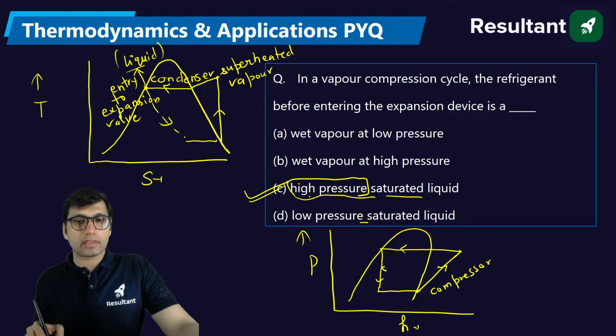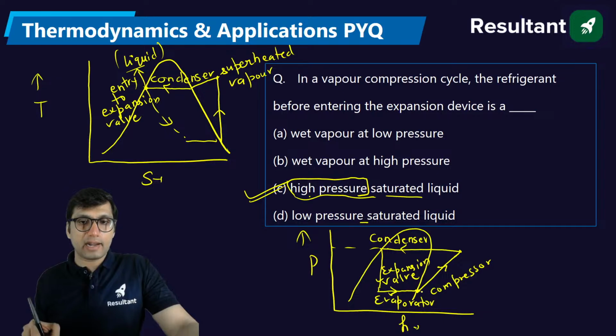But with the help of the expansion device, the expansion valve, the high pressure liquid's pressure is decreased and it reaches the evaporator pressure, right? So this is the condenser. The condenser is at high pressure and the evaporator is at low pressure. Okay, are you getting this?